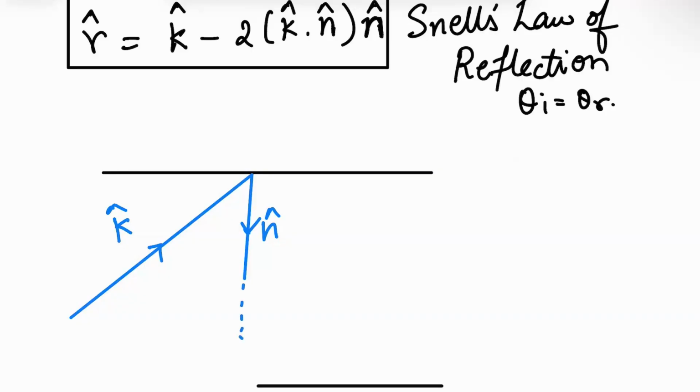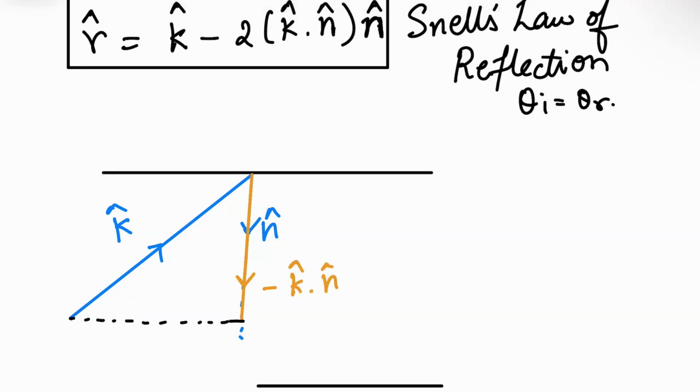So this vector, let me say, this vector, which is the projection of k hat onto n hat. This vector is minus k hat dot n hat. So that would be the length of the vector.